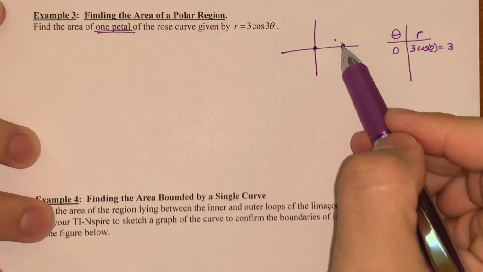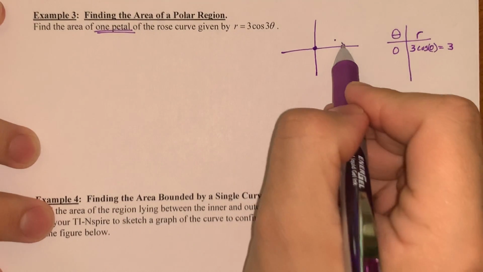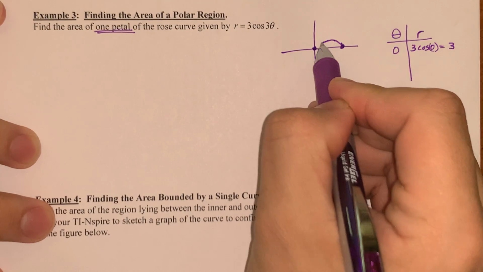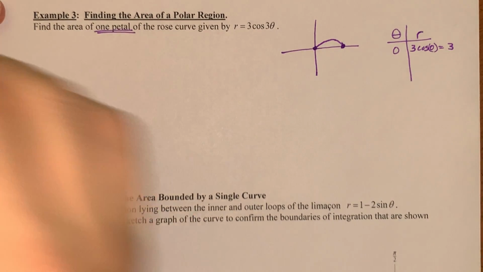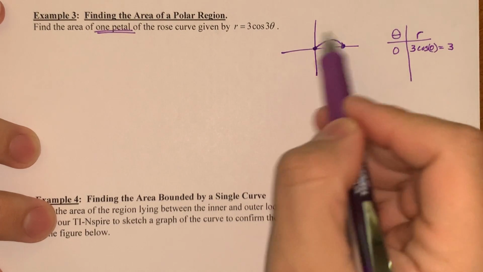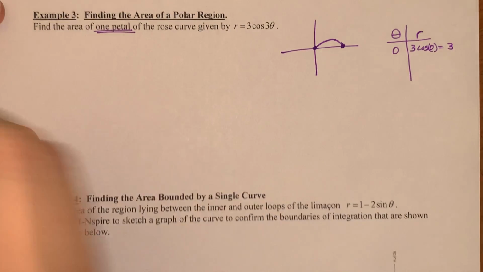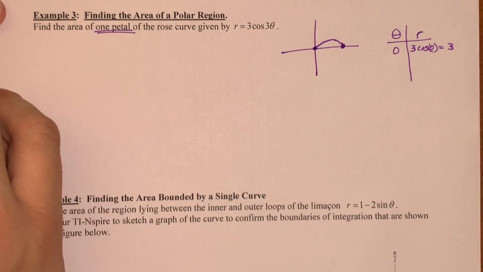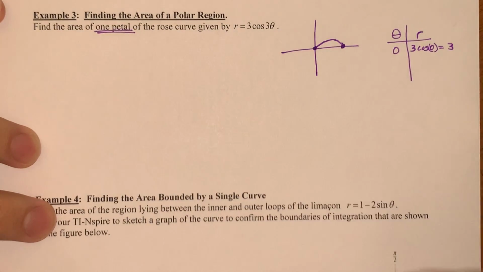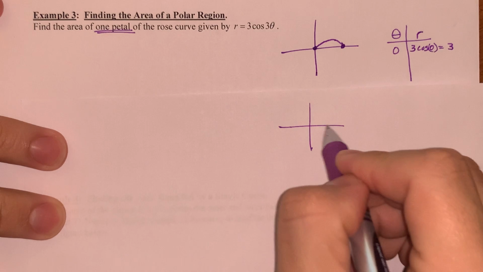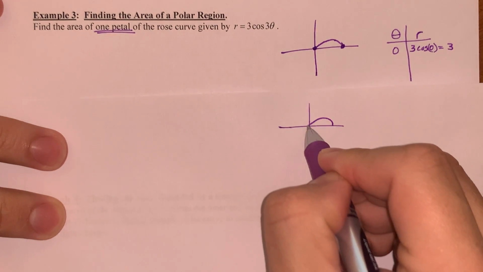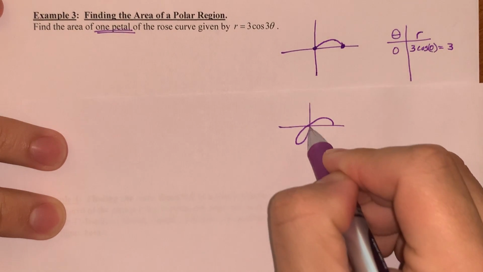Okay, so let me just give you a heads up. So we went that way, and then we got that rose petal right there. I'll tell you right now, this is actually going to be all we would need in order to answer this question, right? Because if you think about the rose petals from back in the day, weren't they all symmetric?